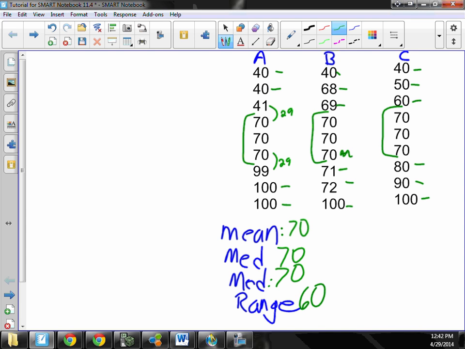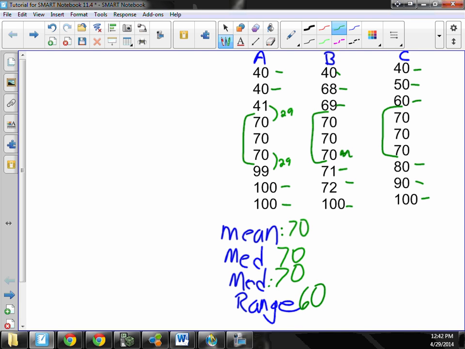So, what I'm showing you is, and again, if you didn't understand that, don't worry about it. Here are 3 lists of numbers that have the same median, mode, mean, and range. But they're definitely different lists, right? So mean, median, mode, and range can only tell us so much. In some of them, there are a lot of numbers close to 70.